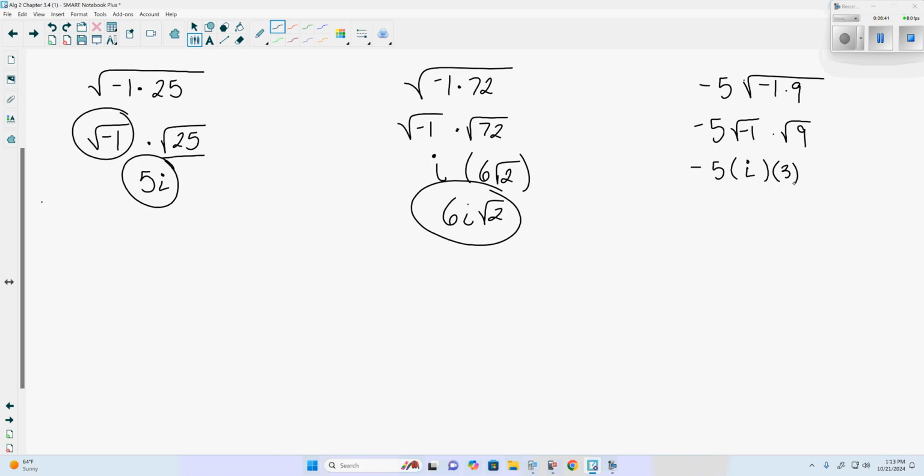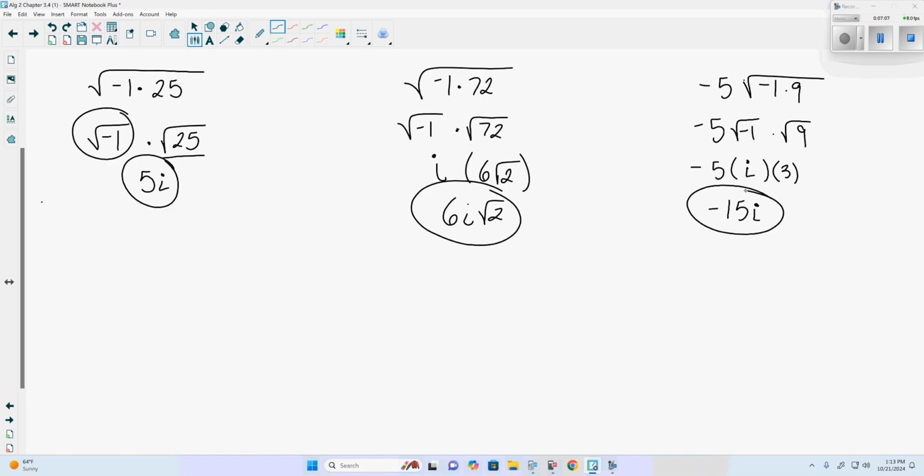That one simplified nicely, because negative 5 times 3 is negative 15 times i is negative 15i. Because the negative stays there because that negative is attached to the 5 outside the radical, not inside. And then square root of 9 is 3.